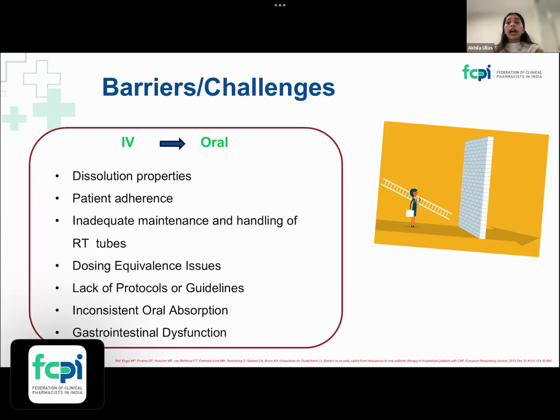You will get guidelines or protocols for antibiotics or antifungals, but you won't get them for other drugs like antihypertensives and anticonvulsants. And there is inconsistent oral absorption, which we discussed earlier, and some gastrointestinal dysfunctions. These are also barriers or challenges you will face in switching from IV to oral.